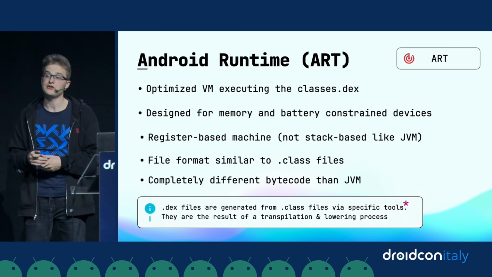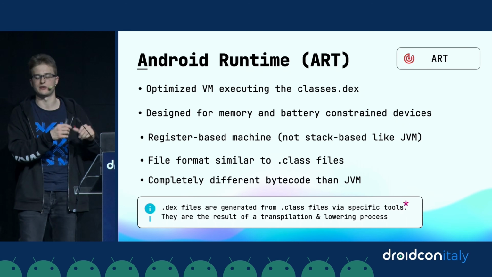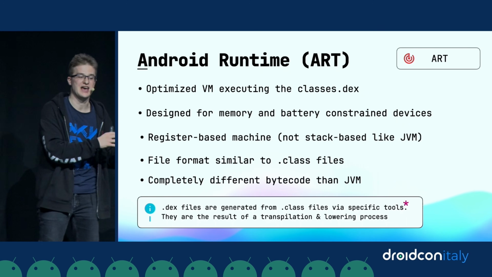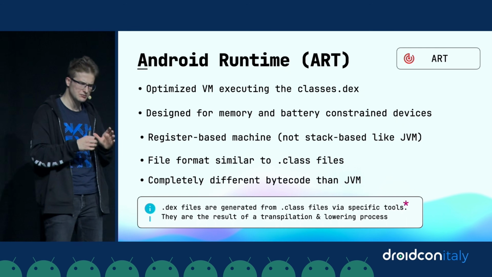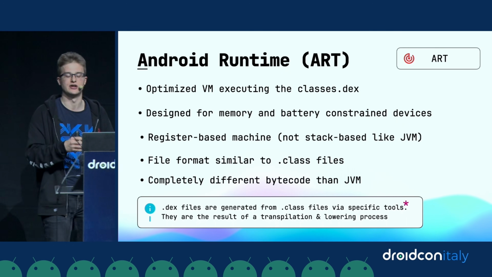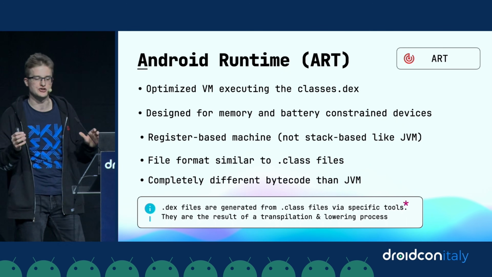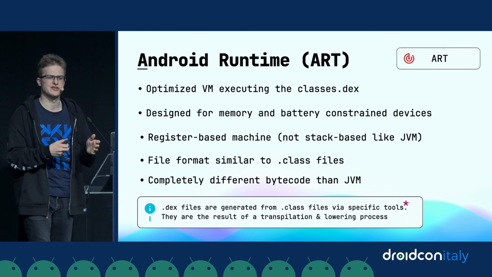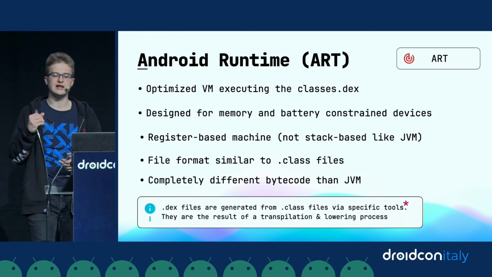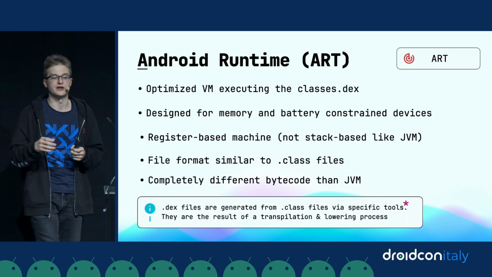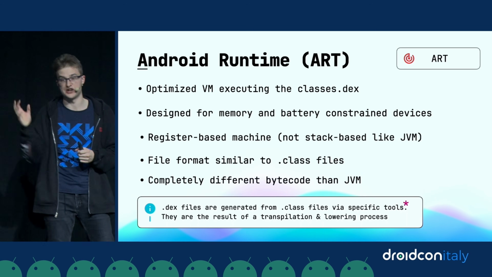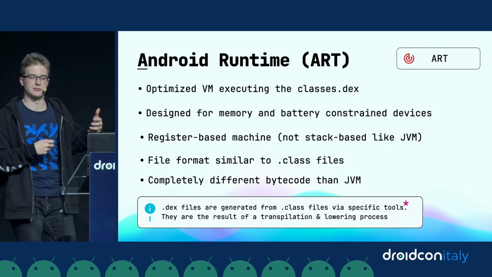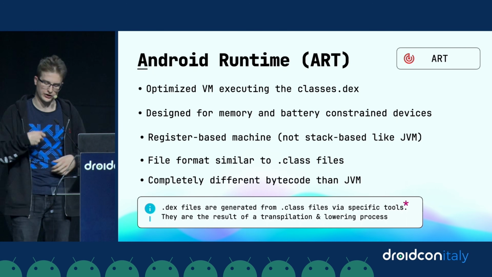It is register-based, meaning that the implementation in the JVM specification is not what actually happens in the DEX file, because DEX operations don't have a stack. They all use registers because that is more efficient on mobile devices. And they have a different bytecode. So we need a tool to convert from a class file, which comes out of Java and Kotlin, to a DEX file, which is actually ingested by Android and used to execute the application.